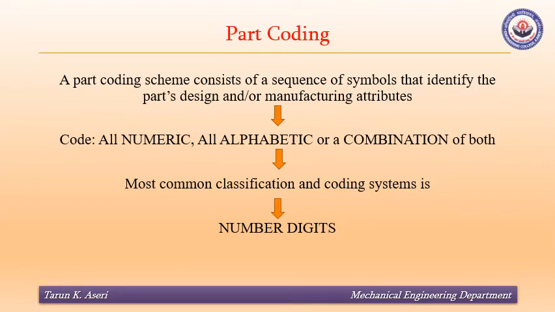First of all, a part coding system consists of a sequence of symbols that identify the part design or manufacturing attributes.